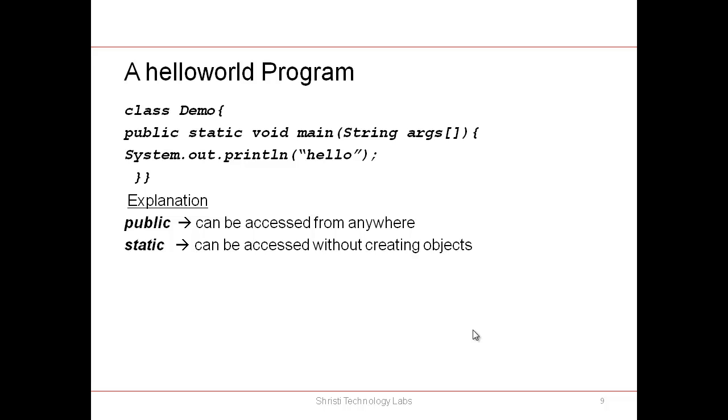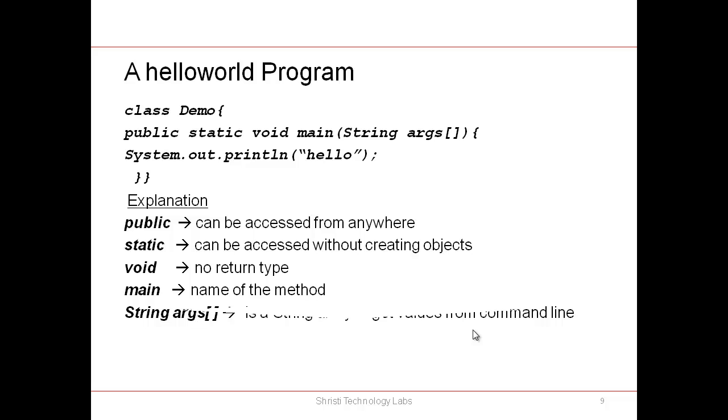So we have made this method static. Void. Of course you know void means no return type. Main. Main is the name of the method. String args is nothing but a string array which helps you to get values from the command line when you run the program.